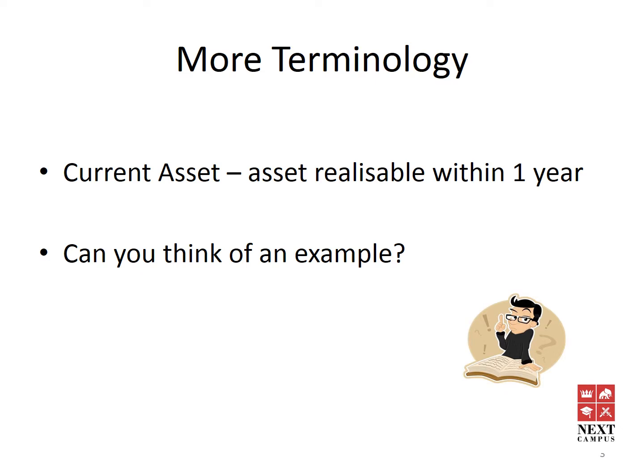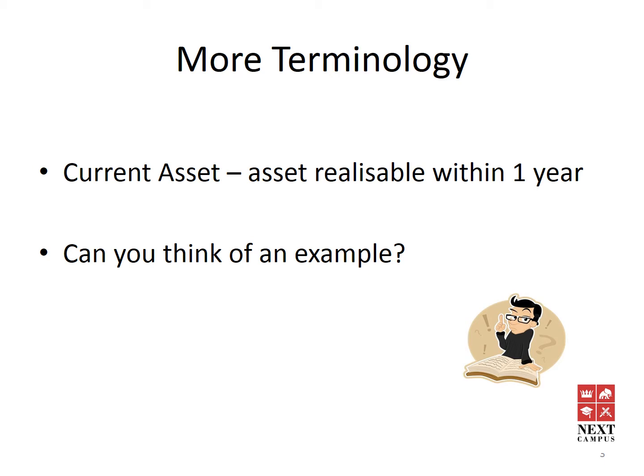Then assets have another part, that's current assets. Current assets are the resources that will be realized within 1 year of the business. Like the amounts that can be collected from your debtors, your receivables, that will be realized within 1 year.